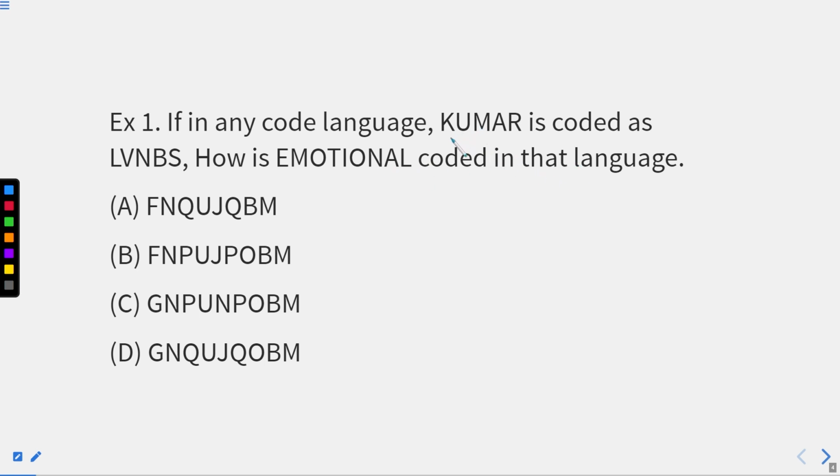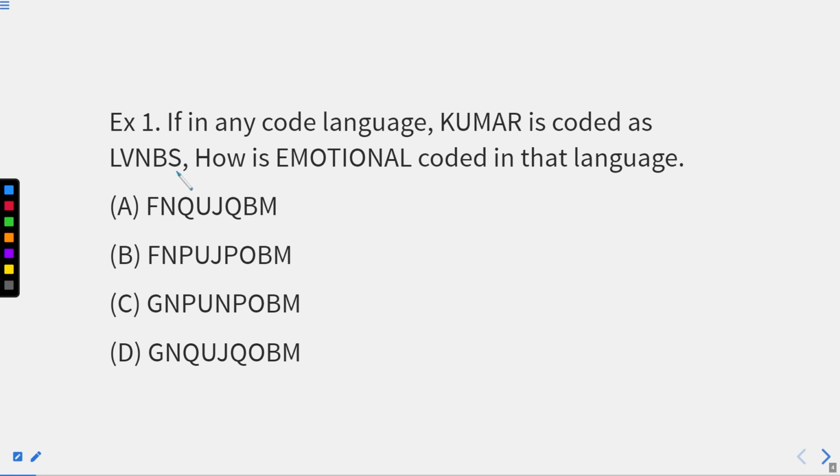The question should be very clear: Kumar is a word coded in a certain manner, and it comes out to be LVNBS. You are supposed to find the approach through which this code is made.